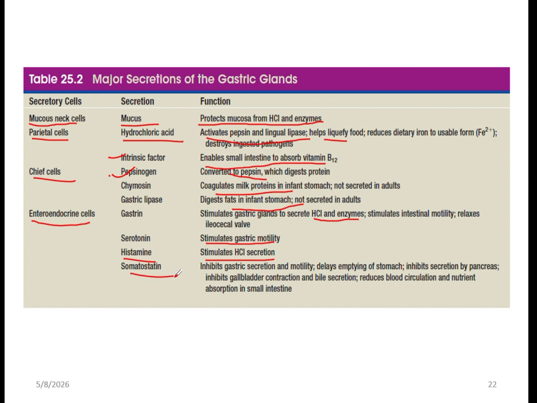Somatostatin inhibits gastric secretion and motility, delays emptying of the stomach, inhibits secretion by the pancreas, inhibits gallbladder contraction and bile secretion, and reduces blood circulation and nutrient absorption in the small intestine.